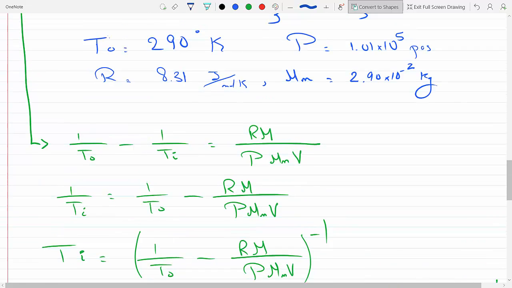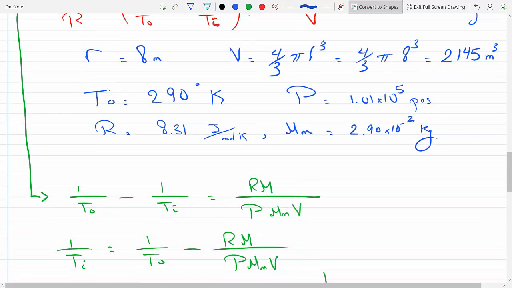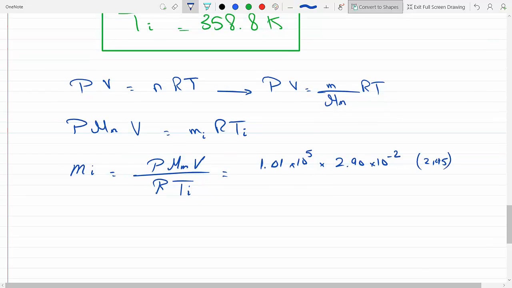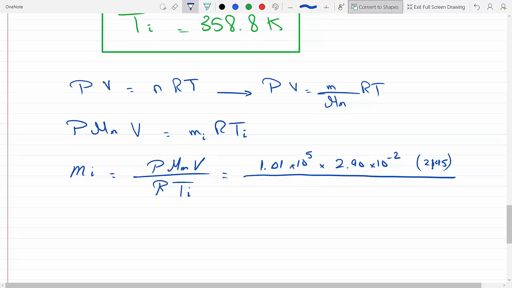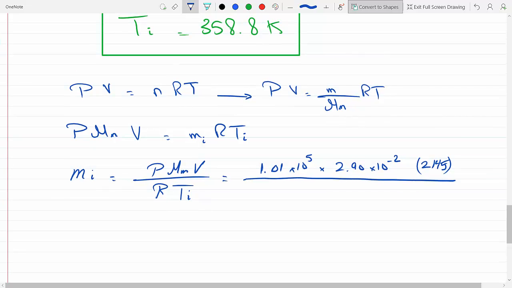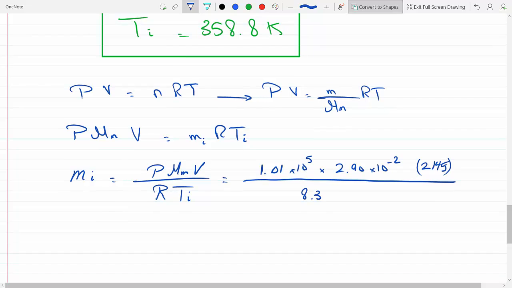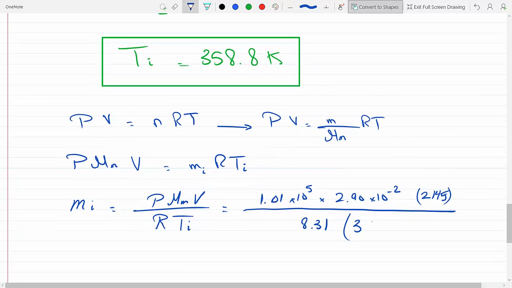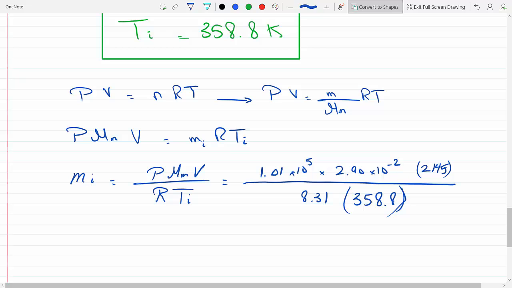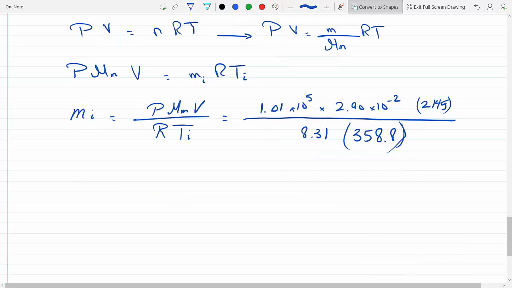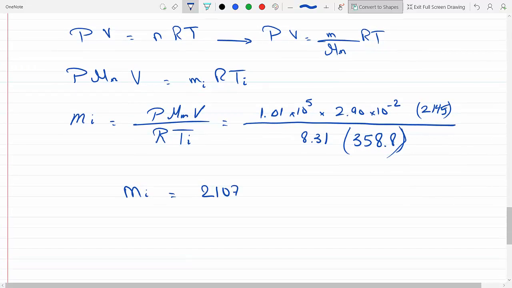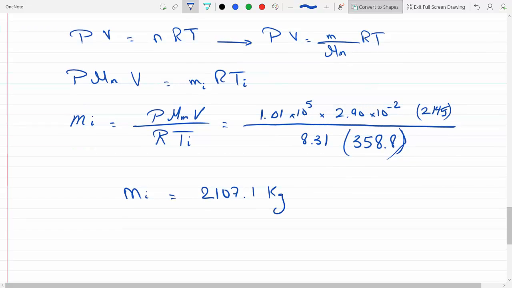The volume of the balloon we estimated to be 2145, and we're going to divide this by R, 8.31, and the temperature inside we just found, 358.8 Kelvin. Okay, plugging this in. 2107 kilograms.